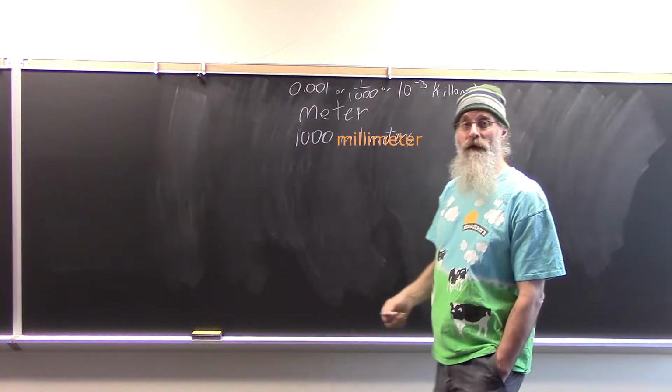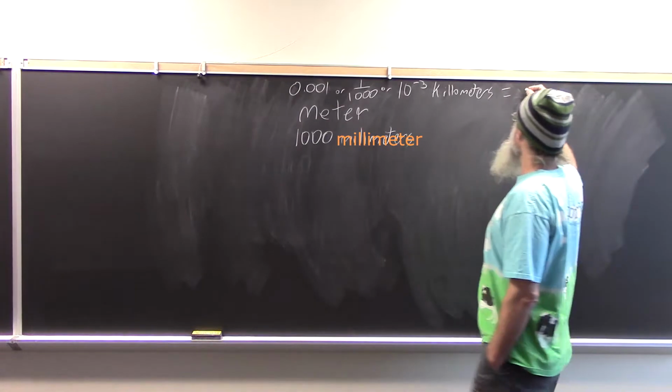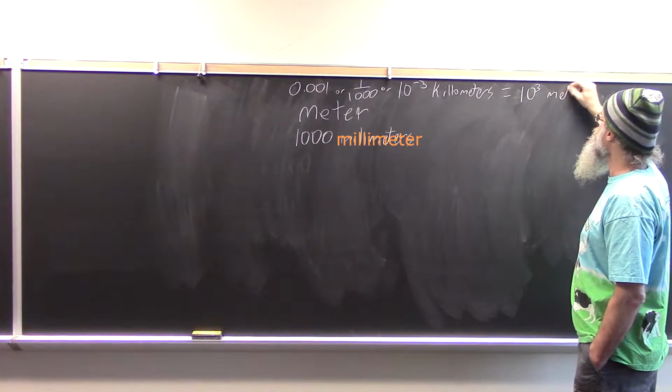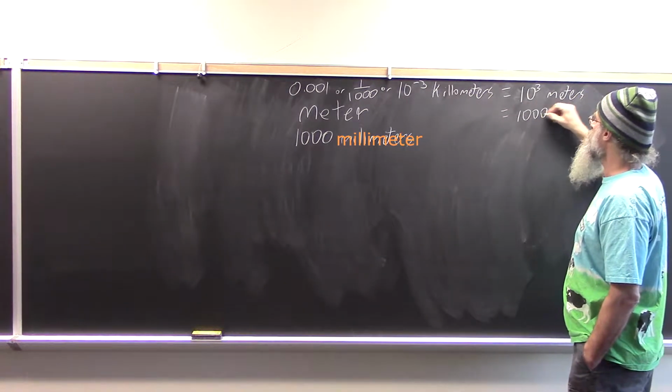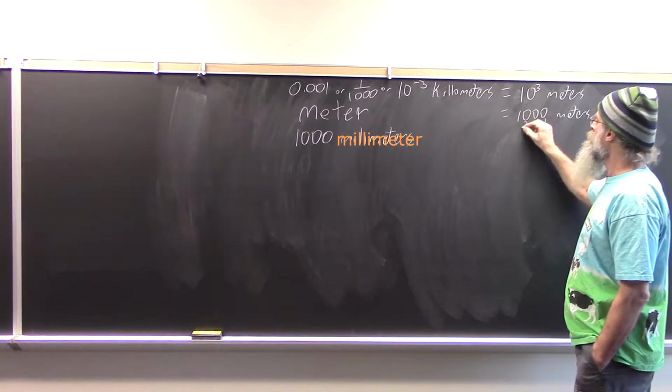Which is another way of saying that a kilometer is equal to 10 to the 3 meters. 1,000 meters. 1, 2, 3 zeros.